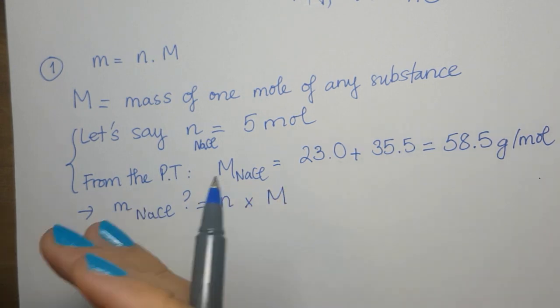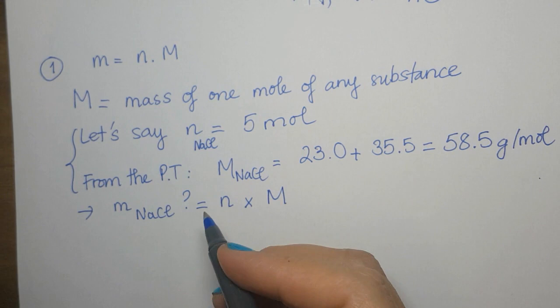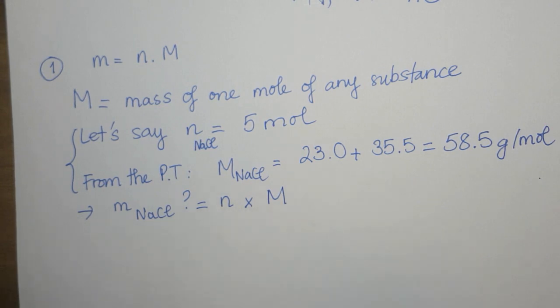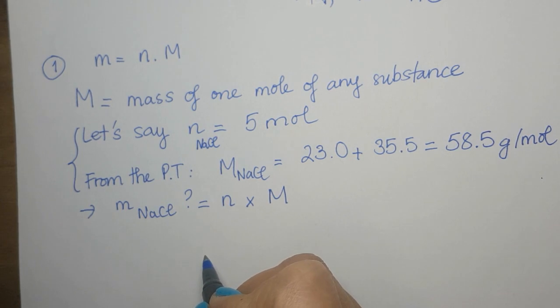When I plug that number in together with the unit, I advise my students to always put in the unit because it will guide you in the right direction. If in the end you end up with a unit that is not what you expected, you know that you're off somewhere, so you can go back and check.